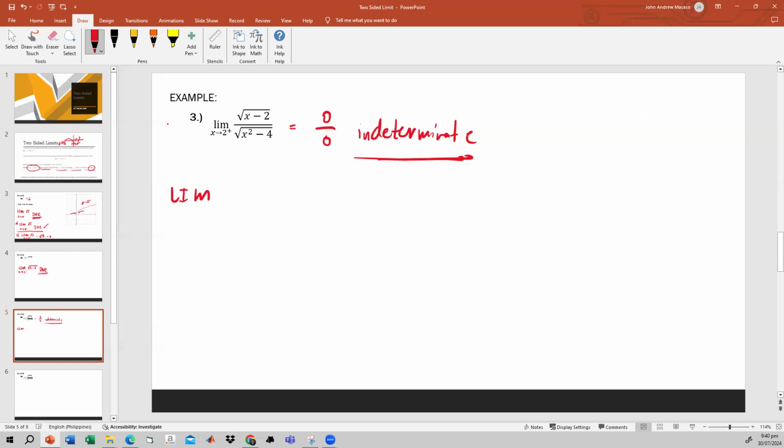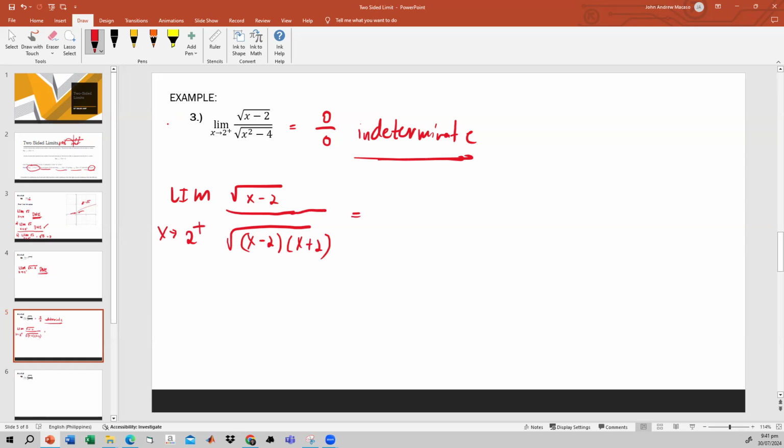So in that case, maybe we can try to manipulate the given function. If you factor this out, this will lead to x minus 2 and x plus 2 as x approaches 2 from the right.